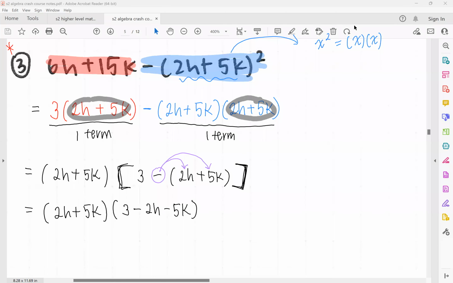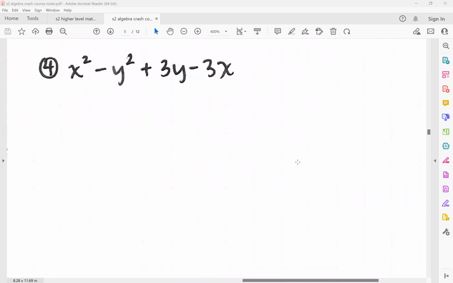Okay, now that you are done, we'll move on to number 4. Okay, so number 4. For me, I would want to group these two together. Do you know why? Why do I want to put these two together and these two together?